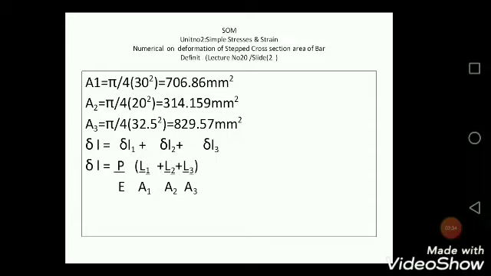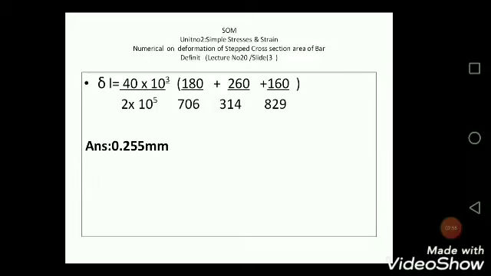We have already derived this formula in our previous lecture. Same formula we will apply here. So by using this formula, and substituting the value.